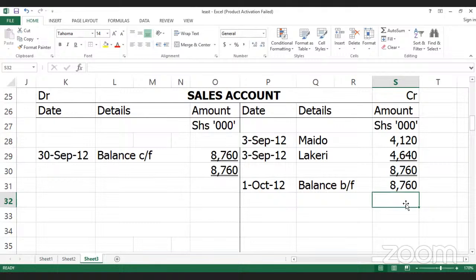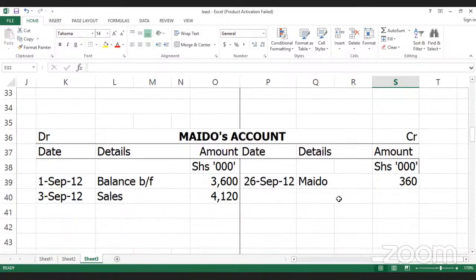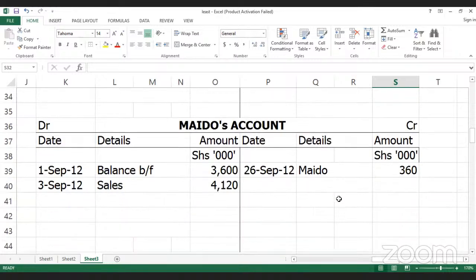Okay, so we move on to the next accounts. Maido, what happens to Maido's account? Which side is greater when it comes to Maido's account? The debit side. Yes, debit side is greater.